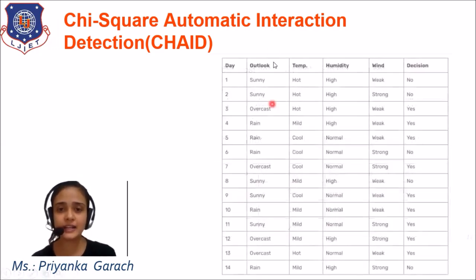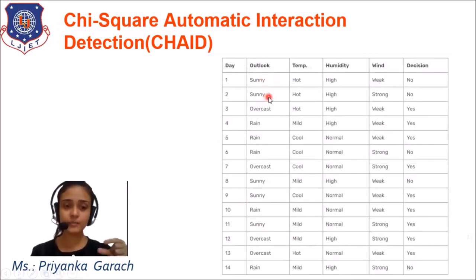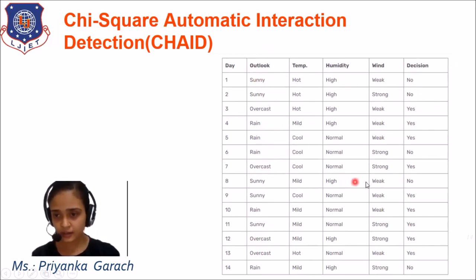Let's see in my data set how many sunny values there are: 1, 2, 3, 4, and 5. Now for sunny, how many yes are there? This is no, this is no, this is also no, this is yes, row number 9 is yes, and row number 11 is yes.